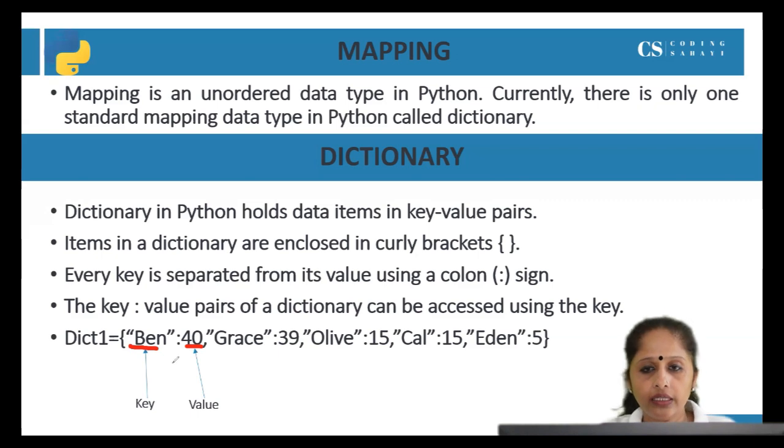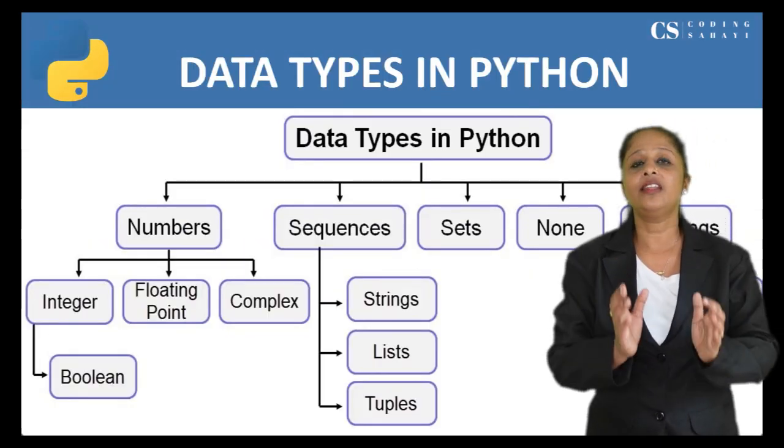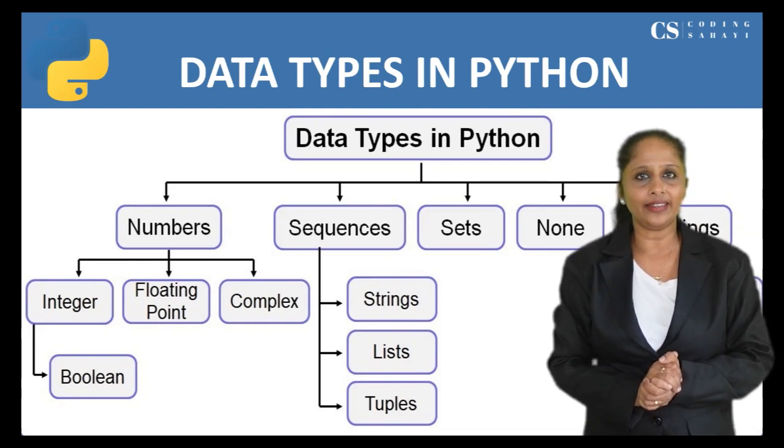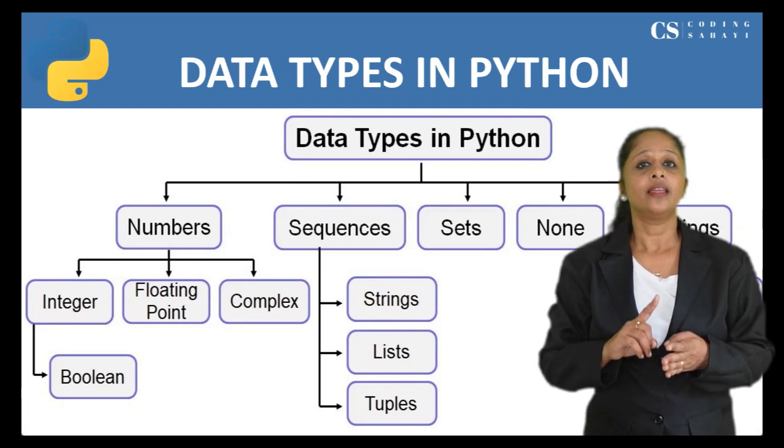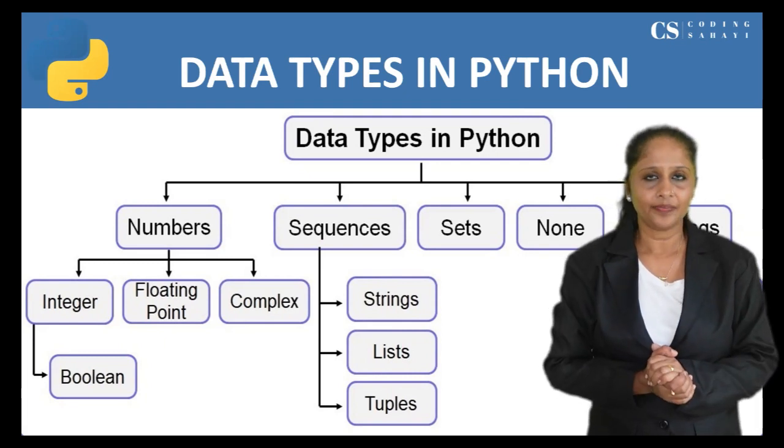So that is our dictionary. You will study this in detail later. We discussed different data types available in Python: numbers, sequences, sets, None and mappings.